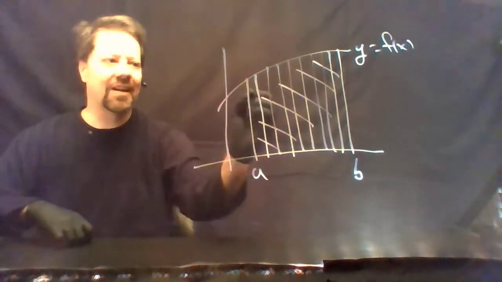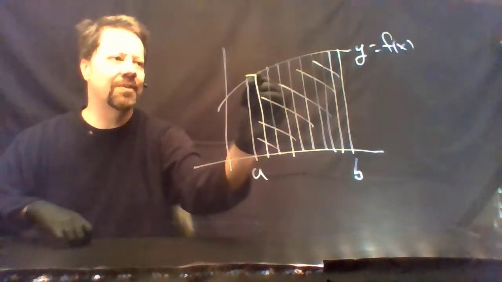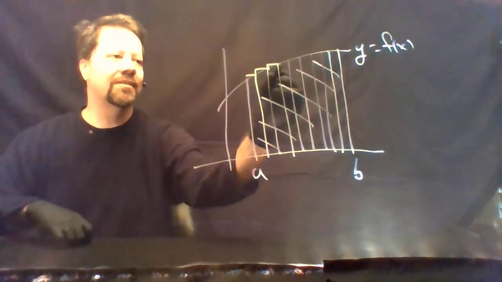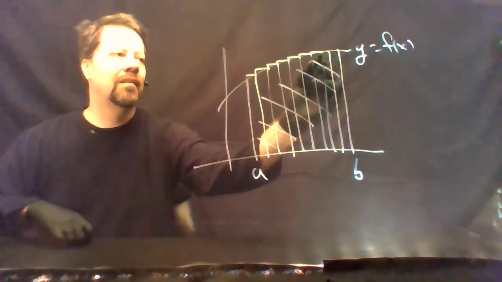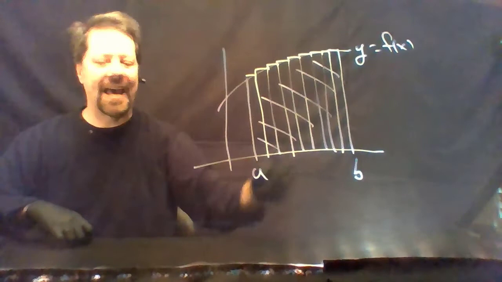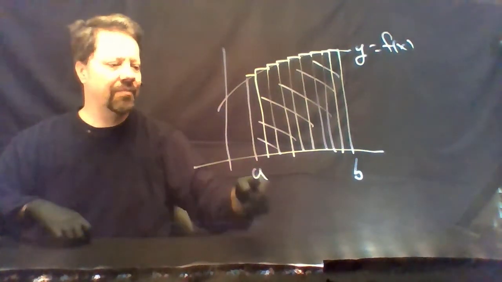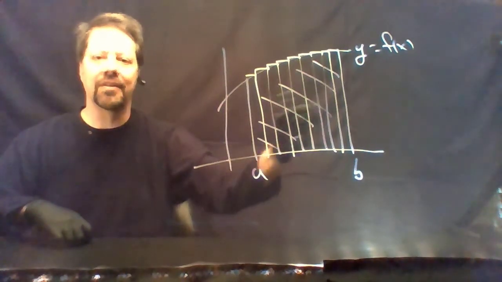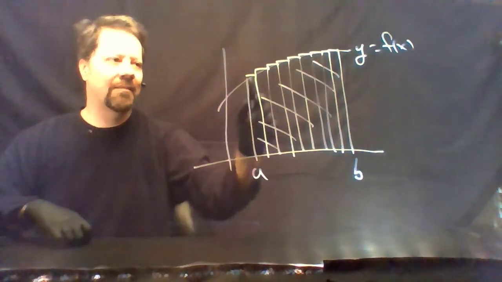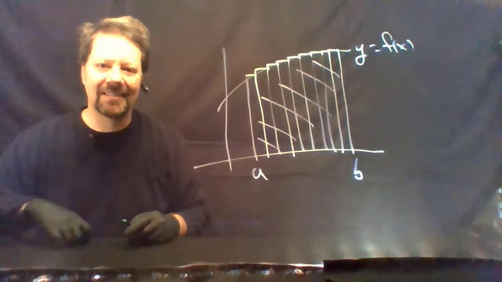Then we'll approximate the areas of these vertical strips using little rectangles. If we add up the area of the rectangles, we get an approximation to the area of what is called the undergraph. But that's only an approximation.